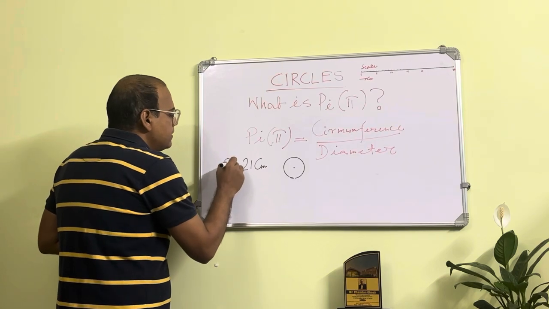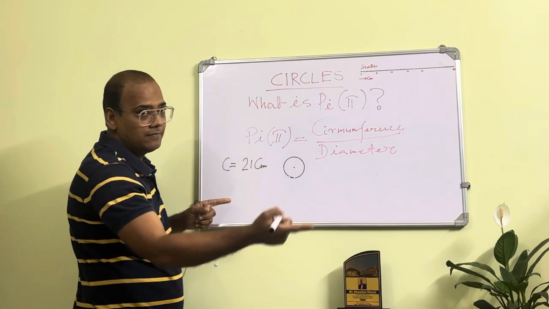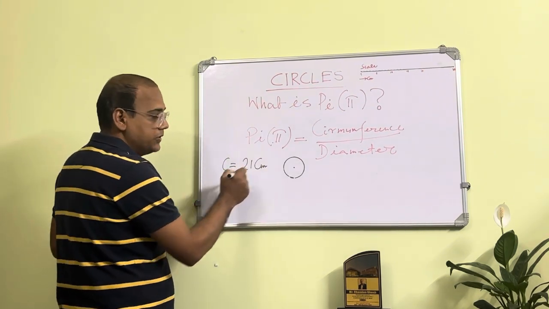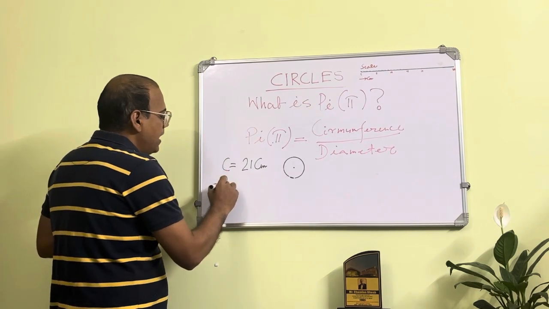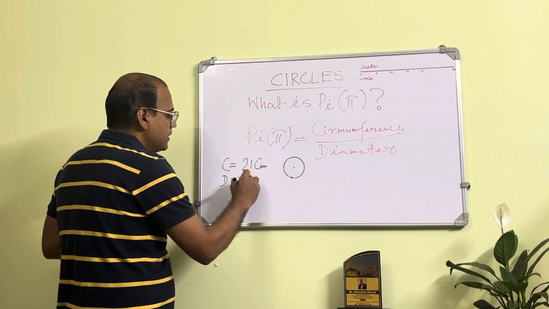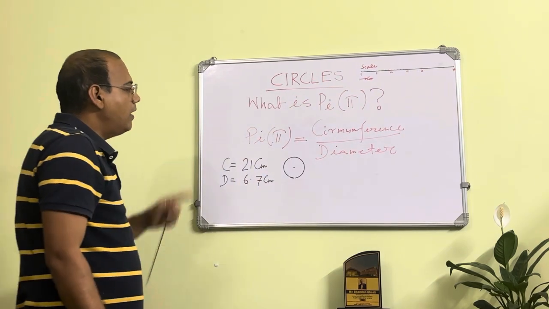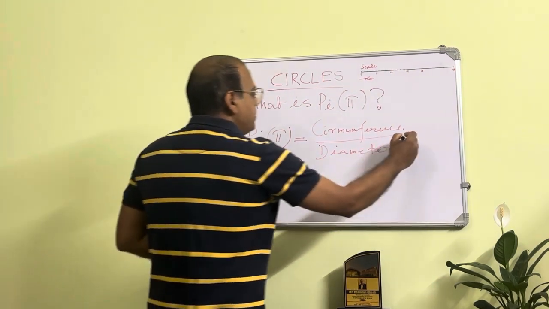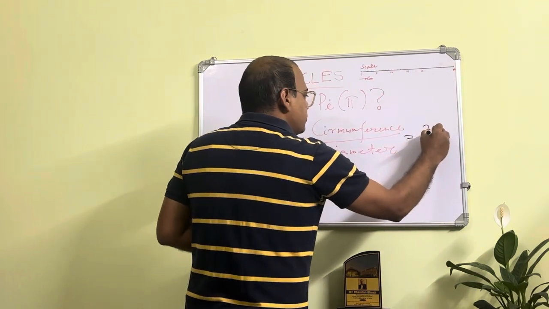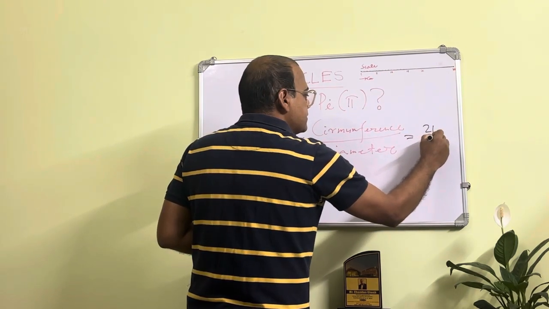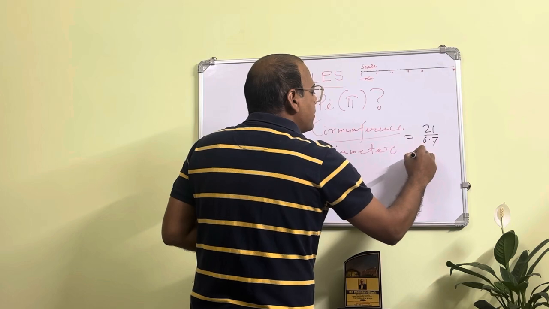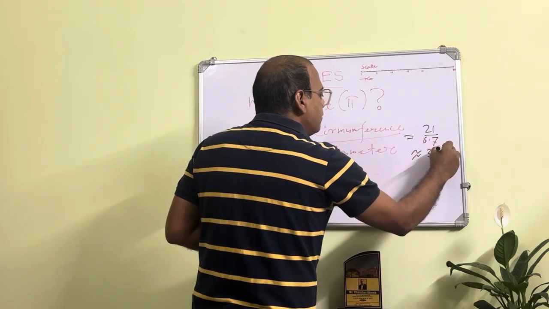So the circumference, which is the length of the thread, is 21 centimeter, and the diameter comes to 6.7 centimeter. Now, if you simply take this ratio, 21 by 6.7, you will get approximately 3.14.